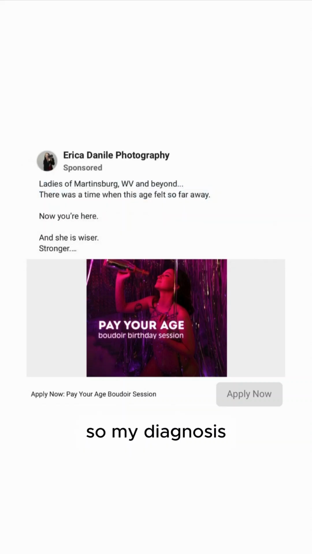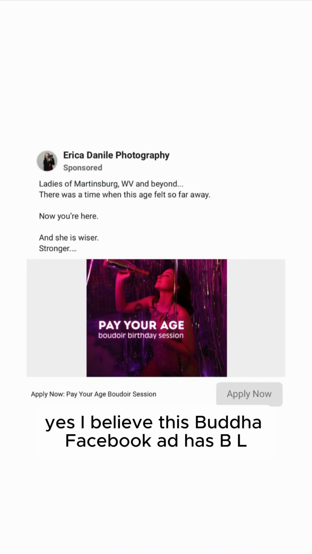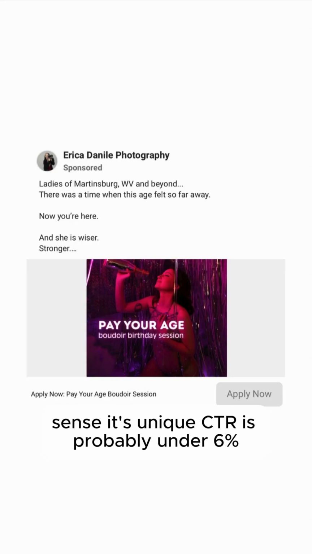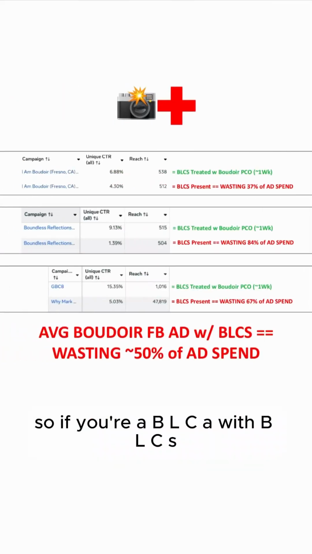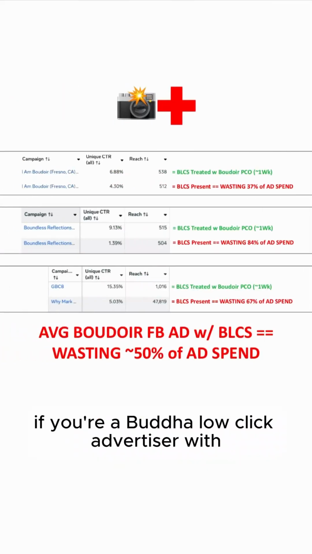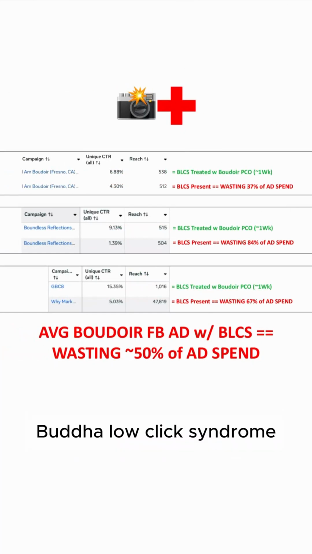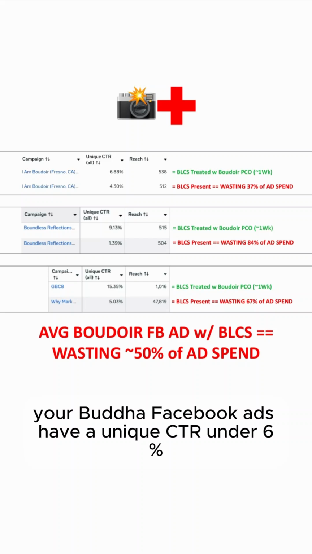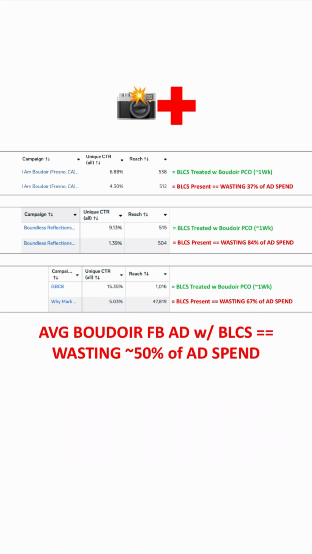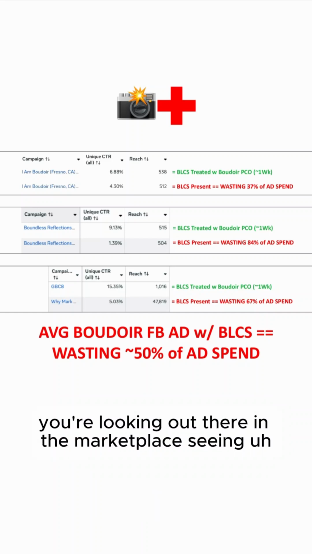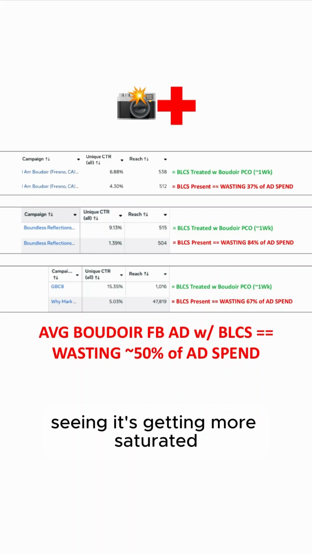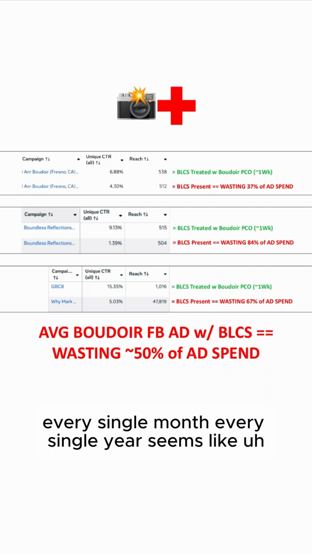All right, so my diagnosis. Yes, I believe this boudoir Facebook ad has BLCS, aka boudoir low click syndrome, since its unique CTR is probably under 6%. So if you're a BLCA with BLCS, if you're a boudoir low click advertiser with boudoir low click syndrome, your boudoir Facebook ads have a unique CTR under 6%, and you're looking out there in the marketplace, seeing it's getting more saturated every single day, every single week, every single month, every single year.